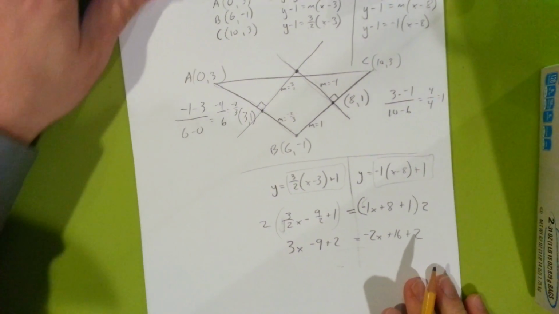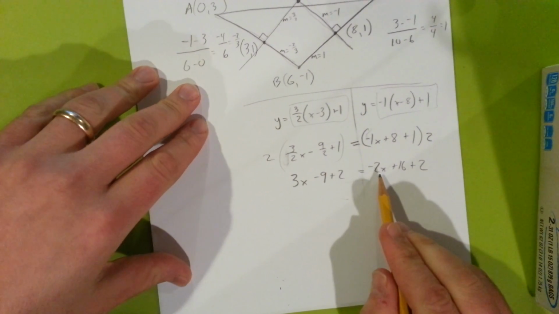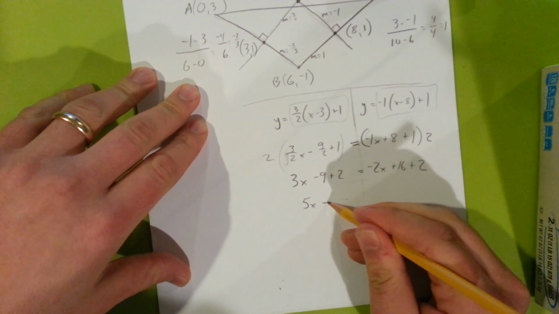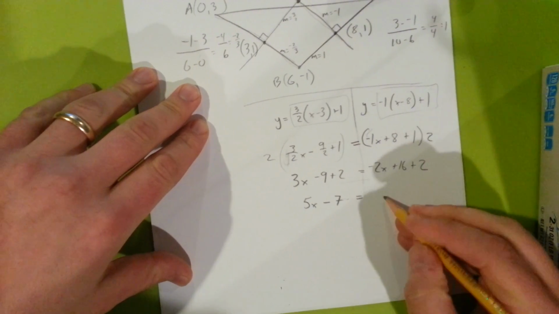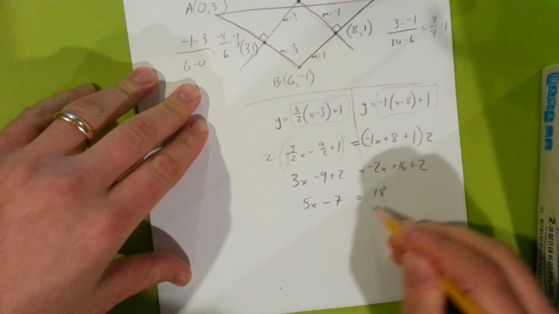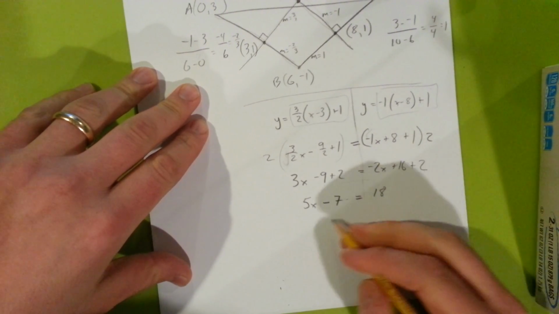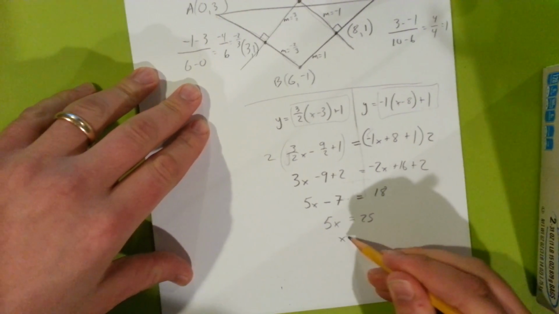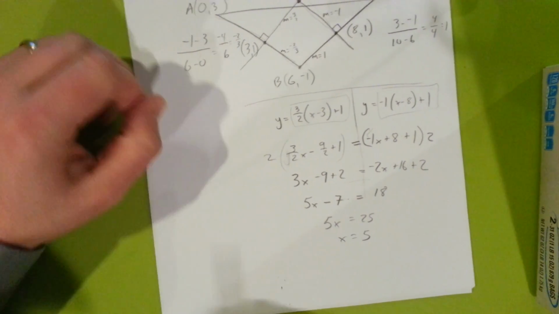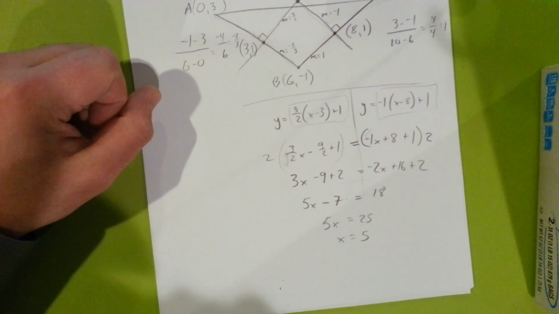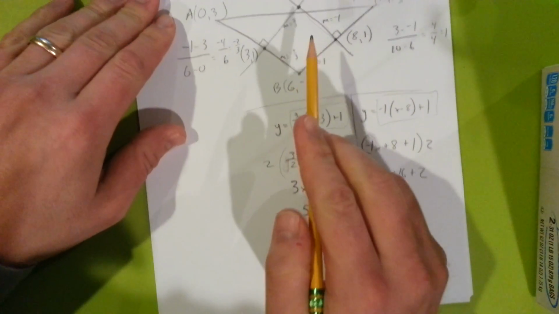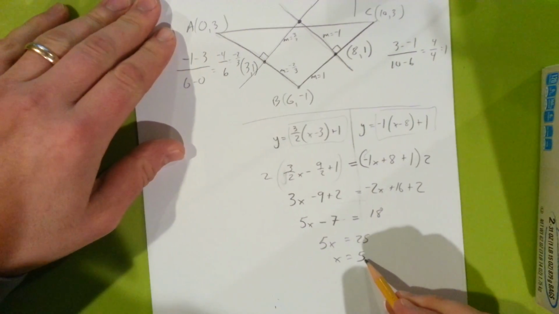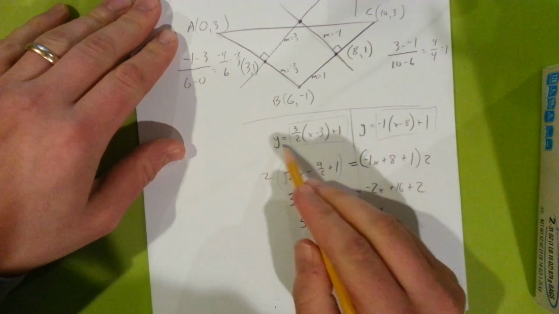And so now I just have to solve for x. I add 2x to both sides, so I end up with 5x minus 7 is equal to 18. Add 7 to both sides, so I have 5x is equal to 25, so x is equal to 5. Then if I want to solve for y, because again that's a point where they intersect, I should have an x coordinate and a y coordinate. I just take that 5 and plug it into one of my equations for y.